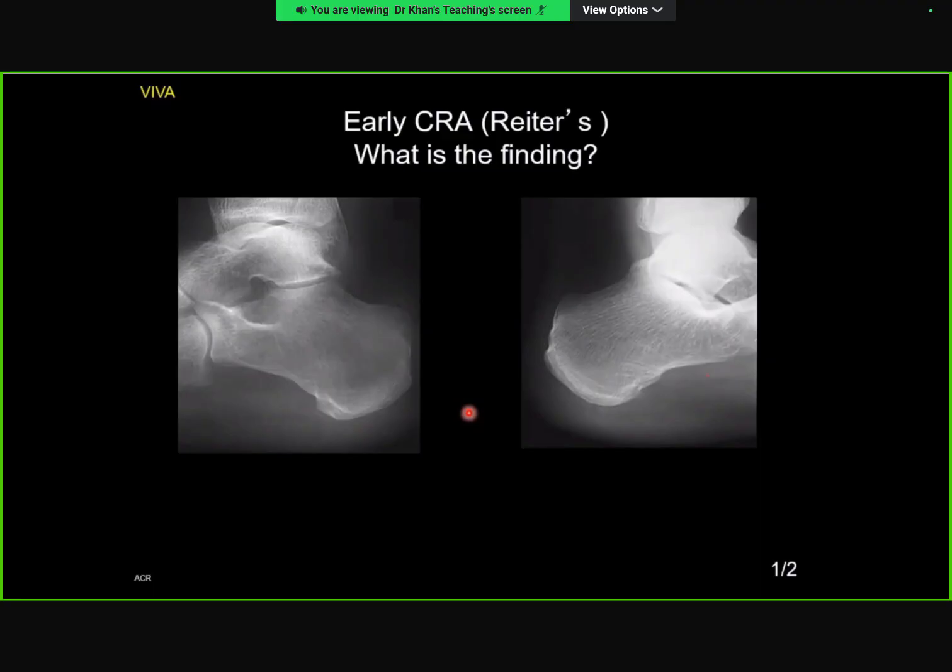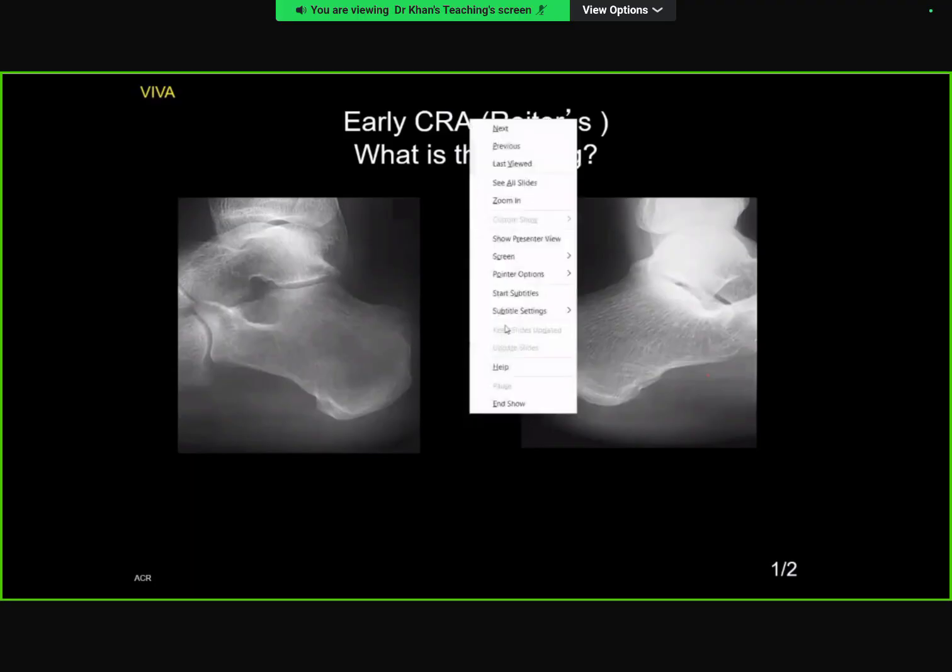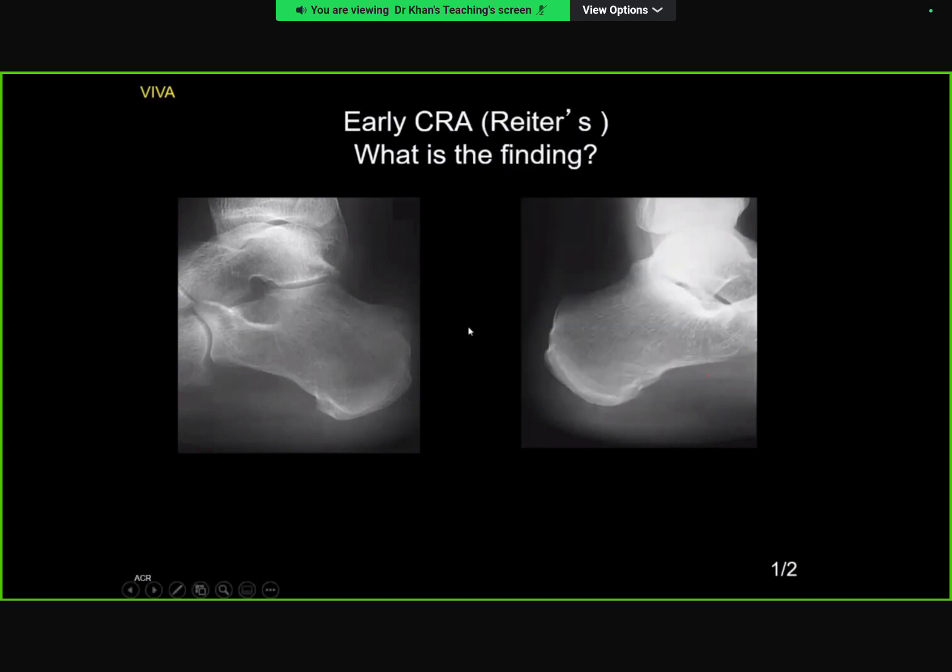There is an asymmetry between the two, with the calcaneum displayed on the screen's left having generalized increased lucency with a reduction in the visibility of the trabecular pattern, and at the superior aspect of the insertion of the tendo Achilles, there's what appears to be some osteopenia. Excellent. So which side is the abnormal side? Yes, I would say so.